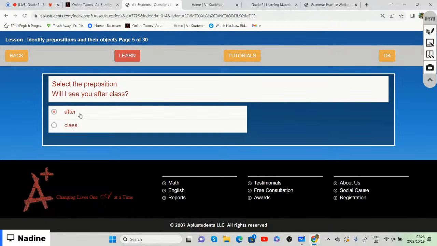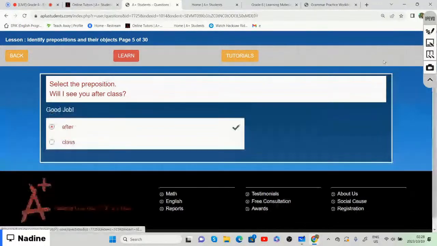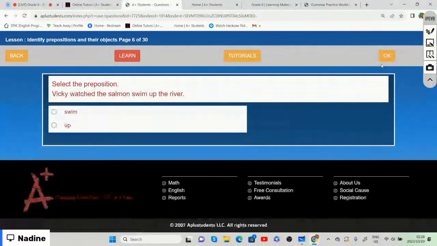So after is our preposition. It basically shows time, it shows when, right? So after is correct. Well done.